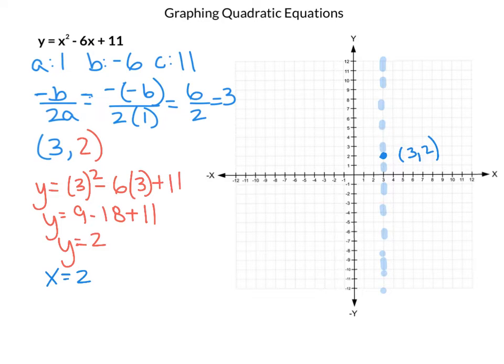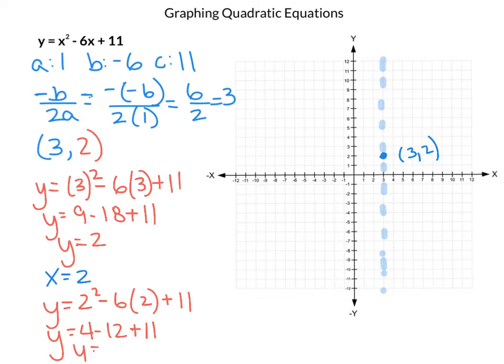So I'm going to go back here to my equation, and I'm going to say y equals 2 squared minus 6 times 2. So I'm just plugging in a 2 in the equation, and then I'm going to solve for it. So y equals 4 minus 12 plus 11, which means my y value is going to be 3. So that means that my ordered pair for my next point is going to be 2, 3.